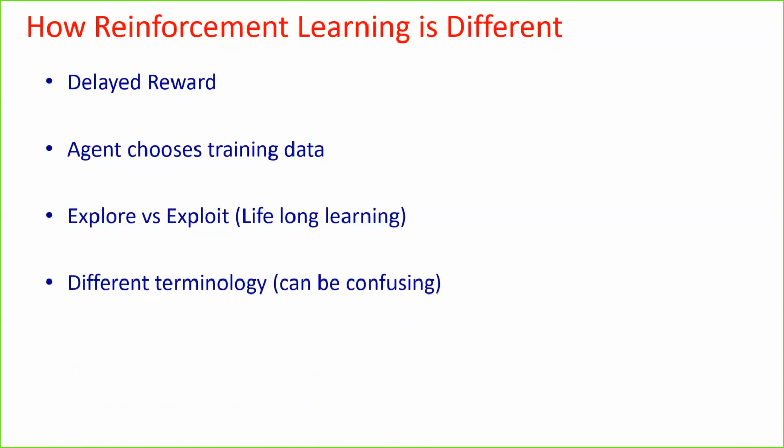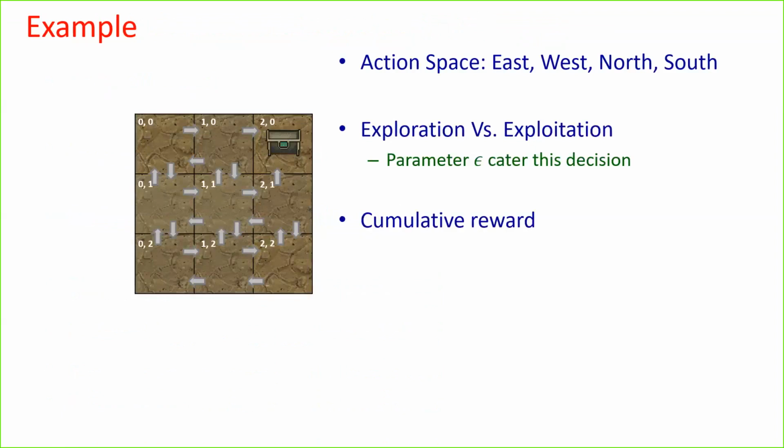All right. So to understand this, let us take an example and try to explore the concept through the example. Here is an example of finding a chest or a treasure, which is at the 2,0 location. It's a 3 by 3 grid environment, and the agent can start from any random location.